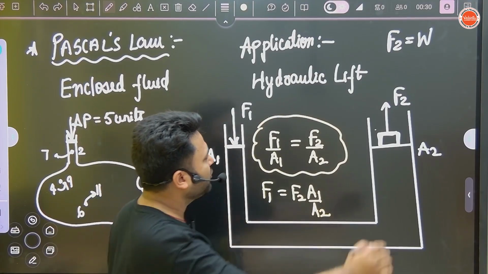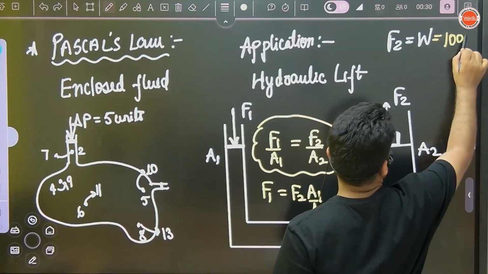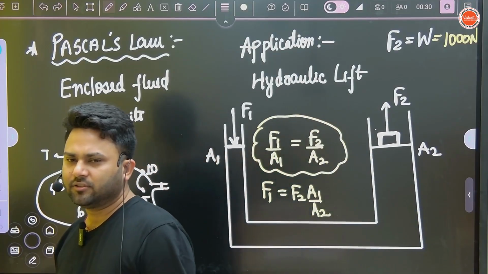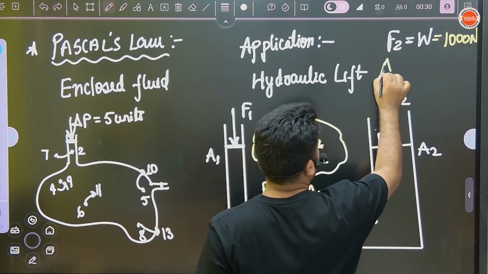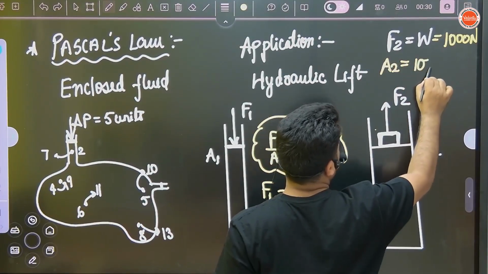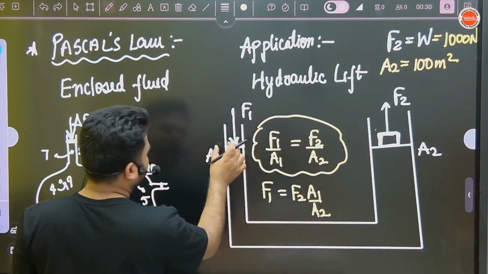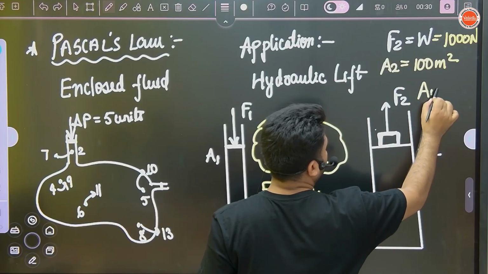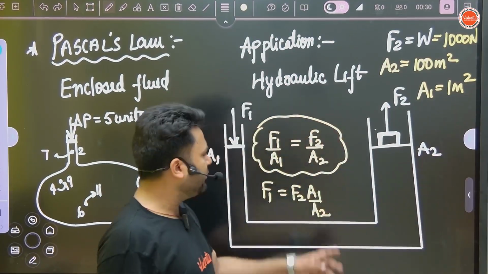Now suppose the weight of the car is 1000 Newton. Weight of the car is 1000 Newton. Suppose A2 is 100 meter square. This area is broad, this area is small. So suppose A1 is 1 meter square. So can you calculate F1?